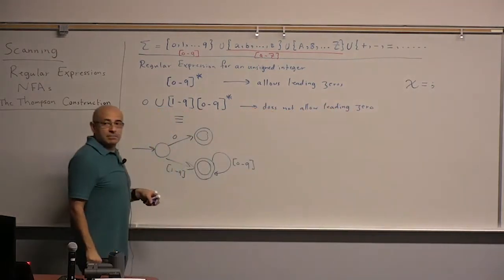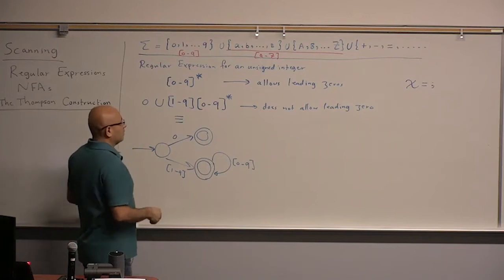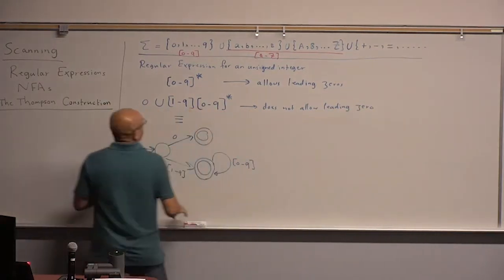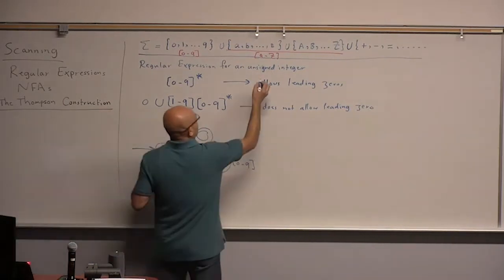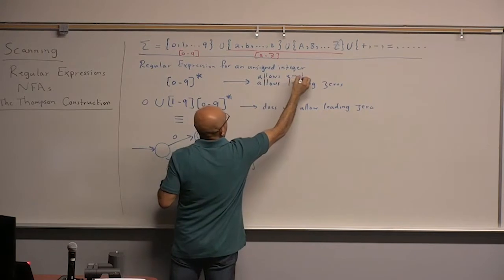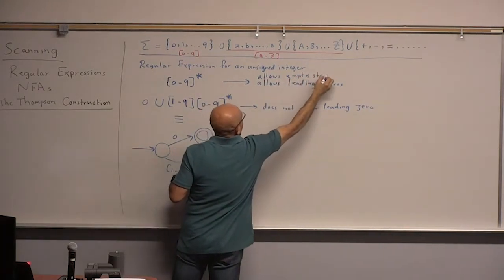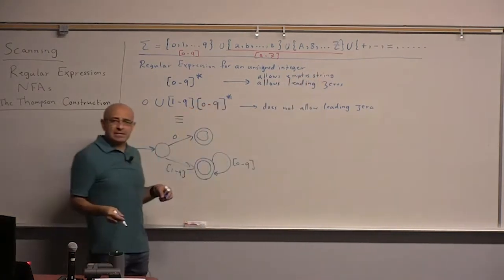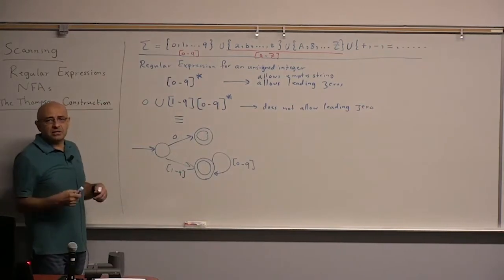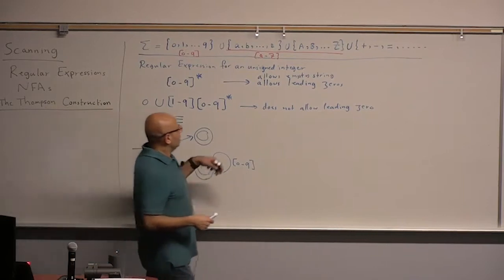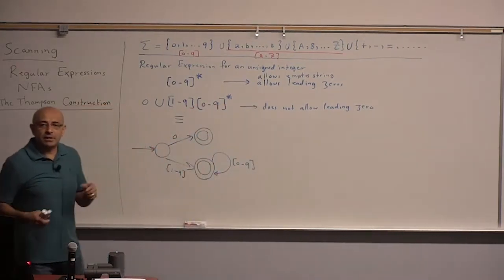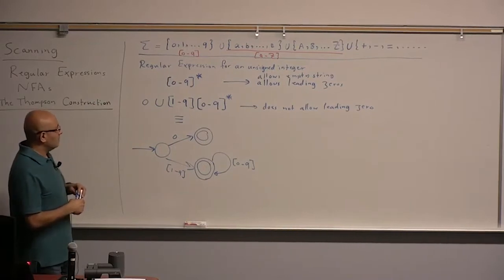But this is not what we want. So this allows the empty string as well. It's saying that the empty string is a valid unsigned integer, which is not true. A valid unsigned integer has to have at least one number in it.